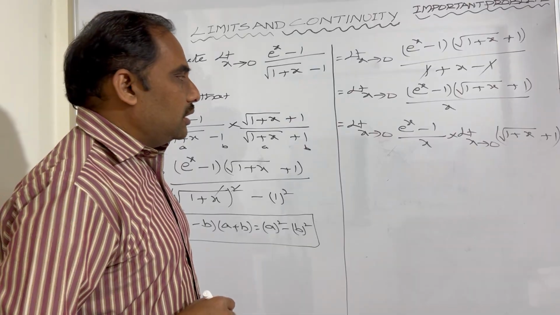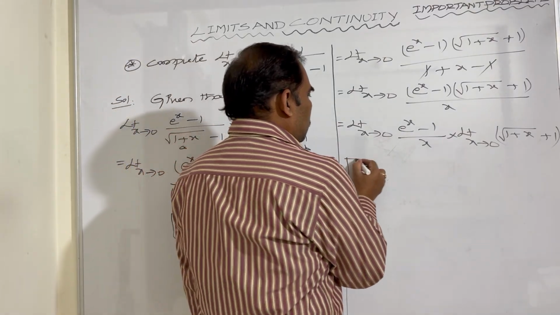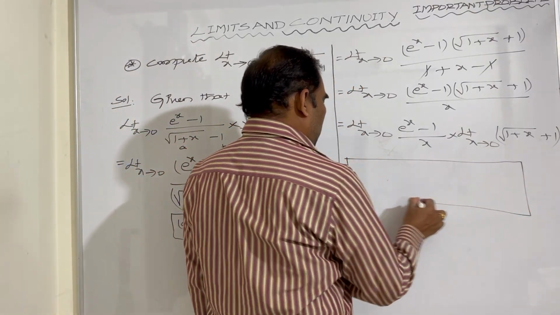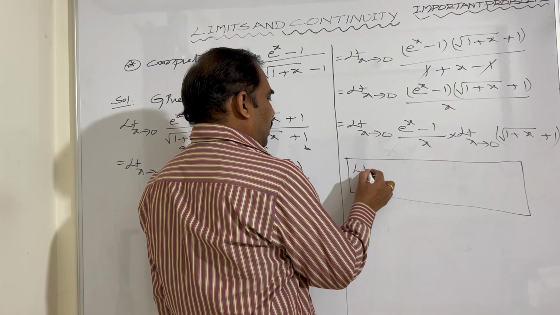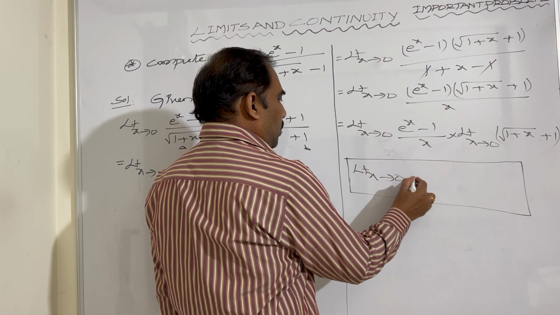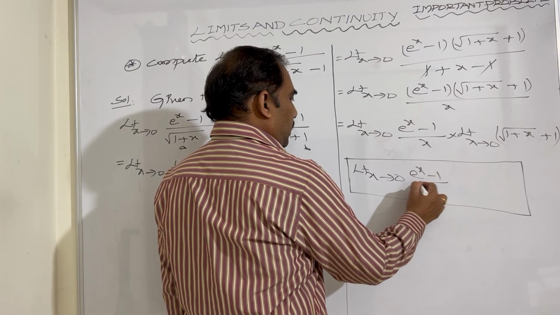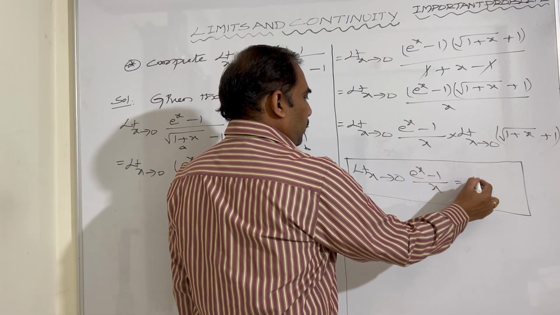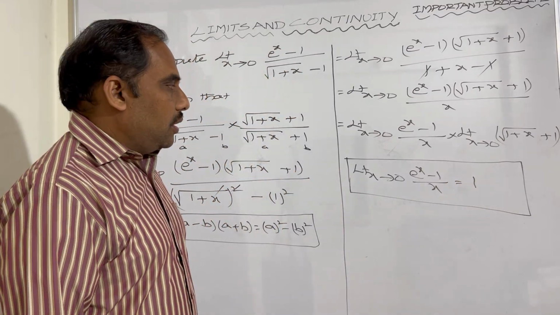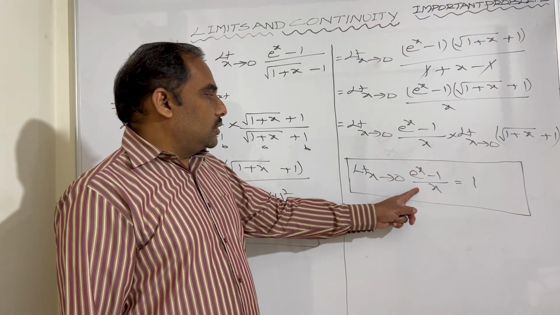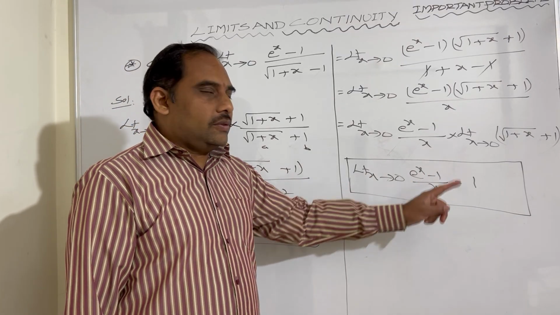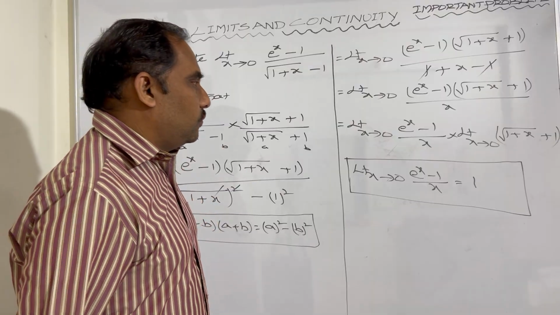See, we have the standard result. In limits, the standard form says that the limit as x tends to 0 of (e^x − 1) by x is equal to 1. Wherever you get the limit as x tends to 0 of (e^x − 1) by x, you consider that as 1.